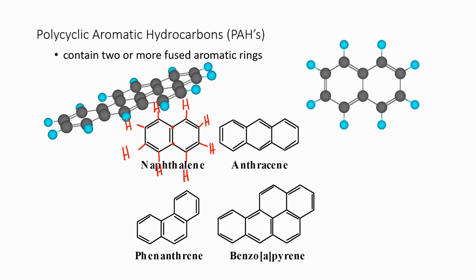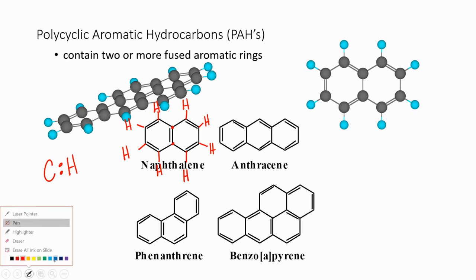So sometimes what we look at is the carbon to hydrogen ratio in these polycyclic aromatic hydrocarbons. If we look at naphthalene and the number of carbons, it's going to have 1, 2, 3, 4, 5, 6, 7, 8, 9, 10.